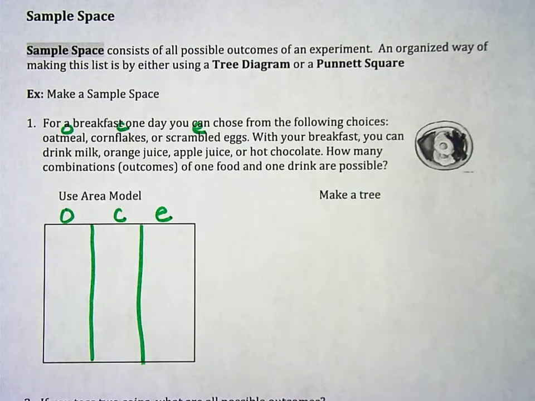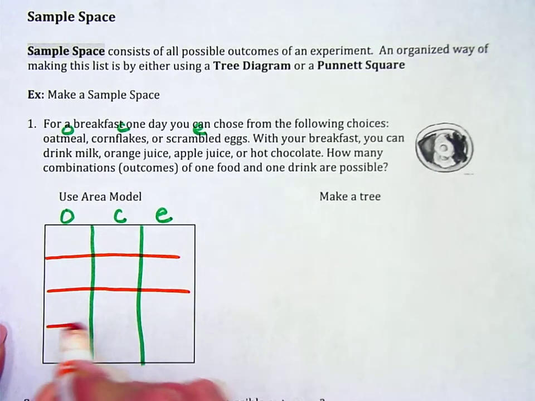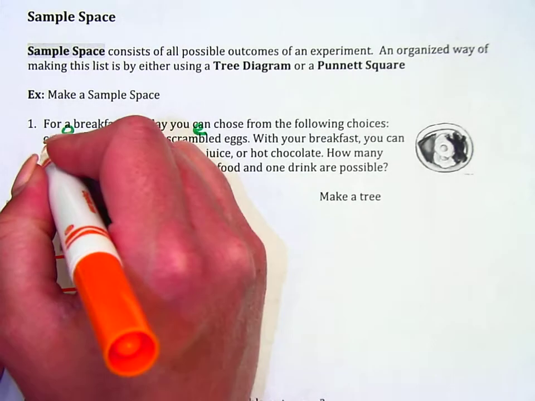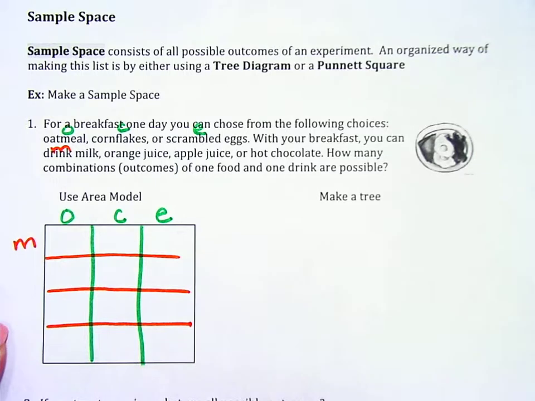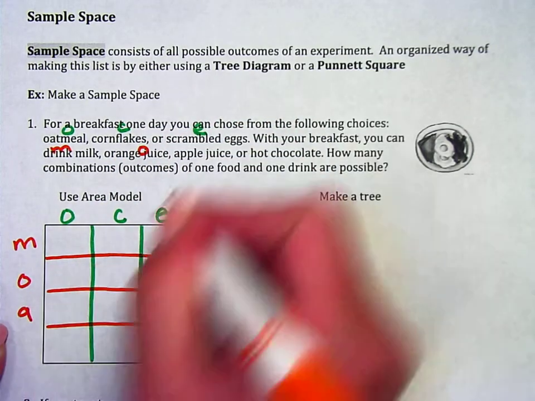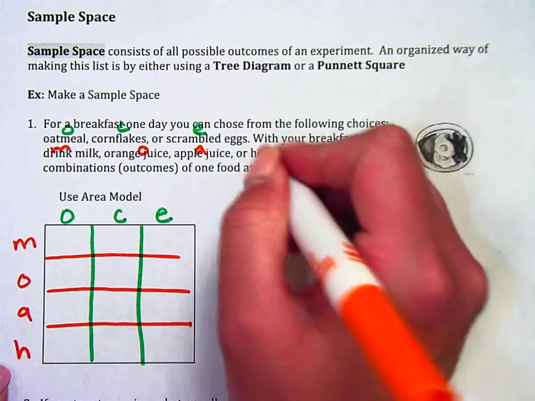So this time there's 4. I could do milk, orange juice, so I'm going to say O again for orange juice, apple juice, or H for hot chocolate.